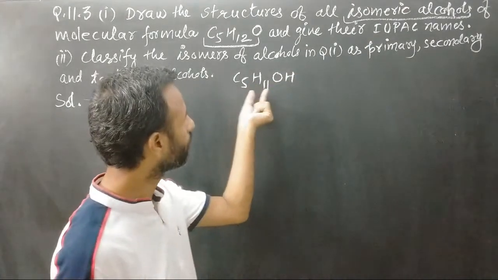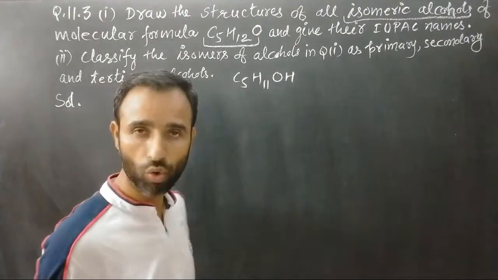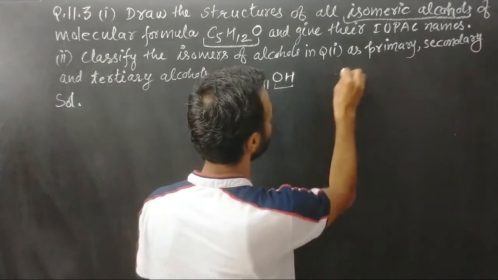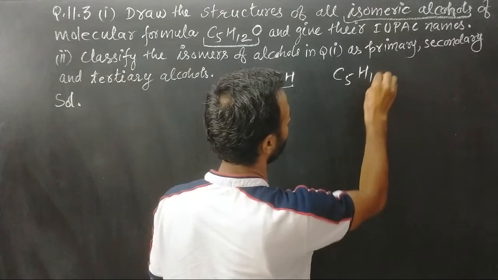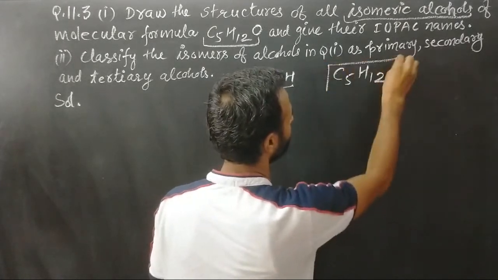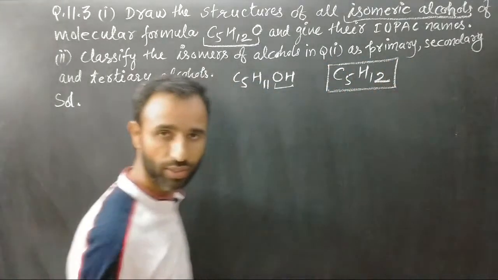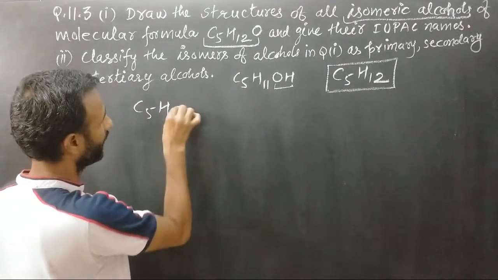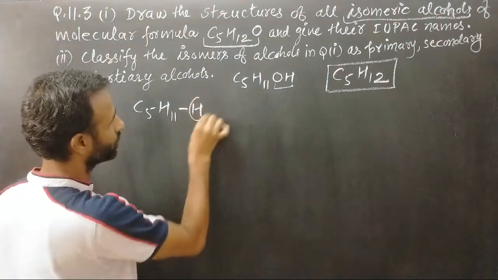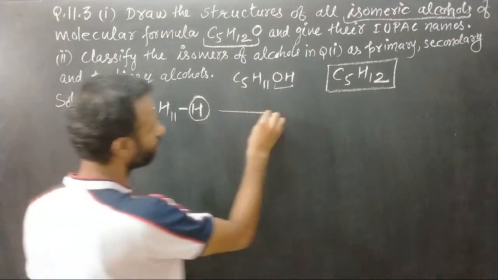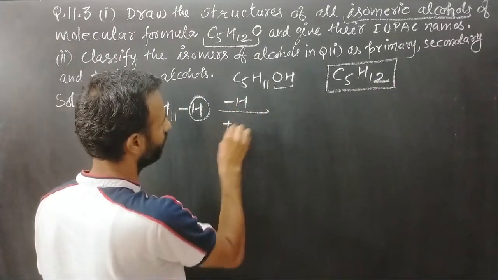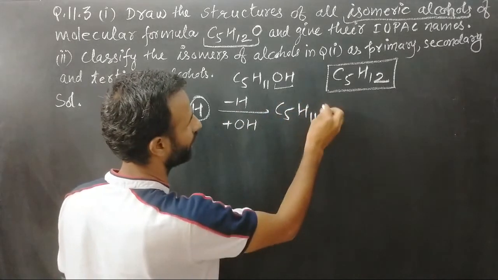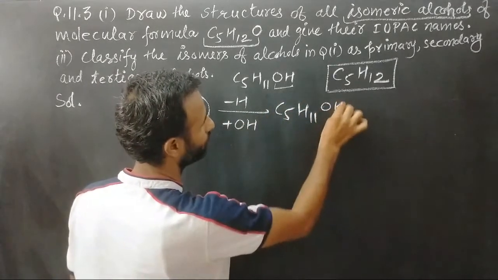So C5H11OH means OH is added, which implies it is obtained from C5H12, the pentane. Its hydrogen is replaced by OH and we get C5H11OH, right?